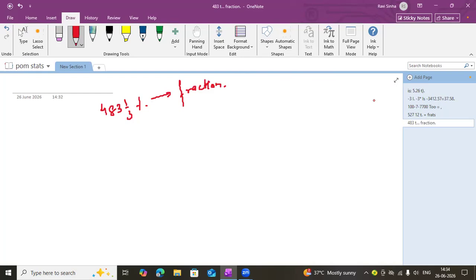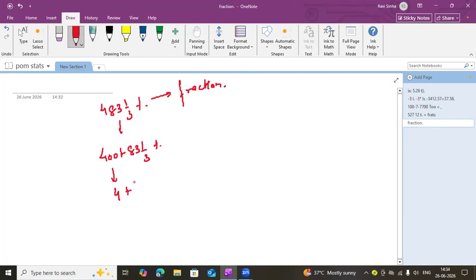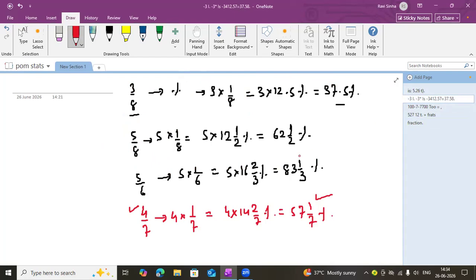So let us see how to proceed with this problem. Now 483 1 by 3% can be written as 400 plus 83 1 by 3%. 400% can be written in the fraction as 4, plus 83 1 by 3% we have already done. 83 1 by 3% is 5 by 6.